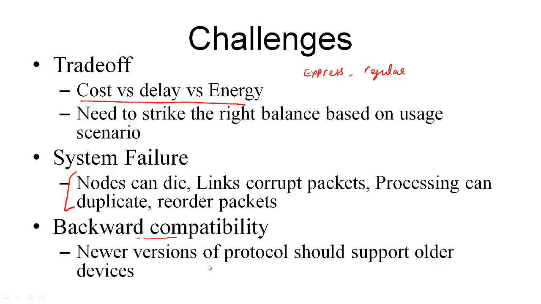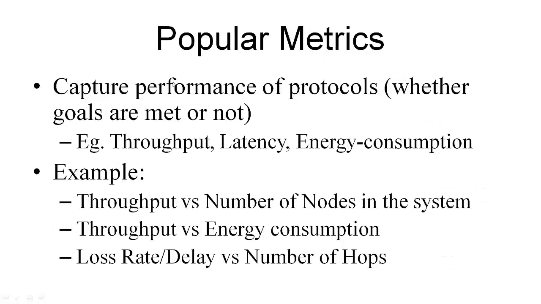So this is another challenge that is typically faced: designing protocols that work not only with the newer systems but also the older systems. Suppose you design a protocol, and now how are you going to measure that this protocol indeed reaches the intended goal? So for this, you make use of metrics. There are many metrics which are custom fit based on what you intend to measure based on the protocol. But these are some of the popular metrics: throughput, latency, energy consumption. So often these metrics are plotted in this fashion.